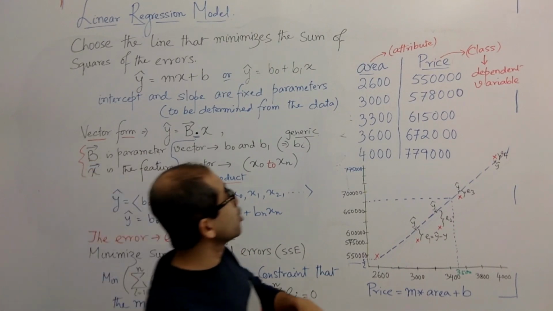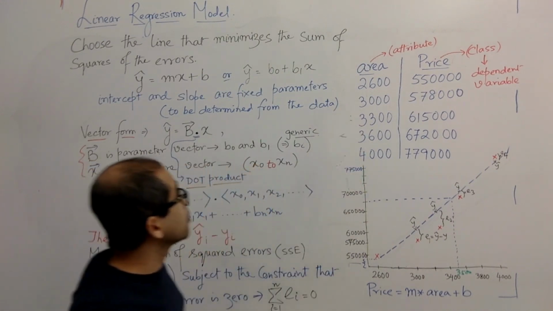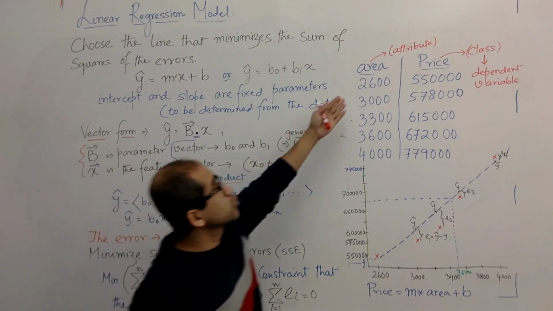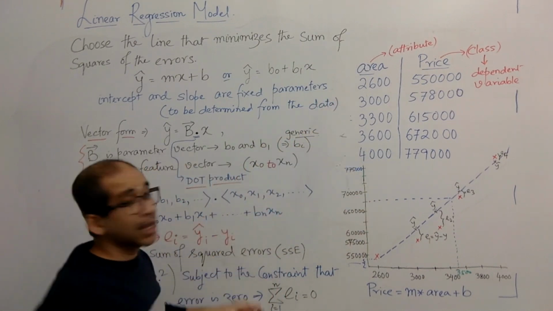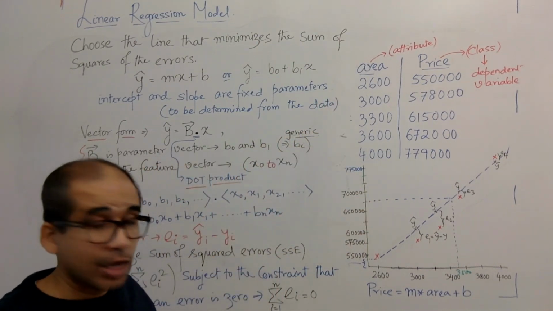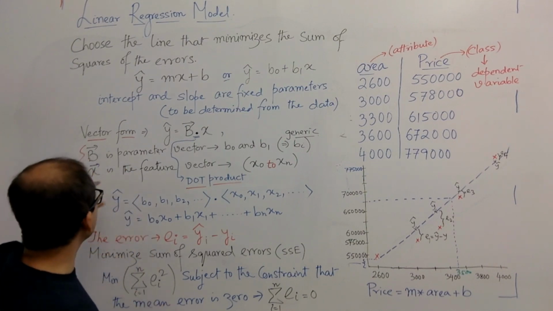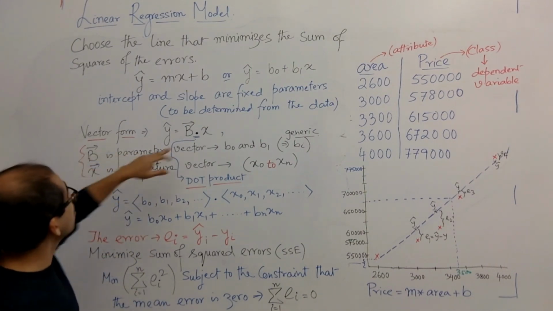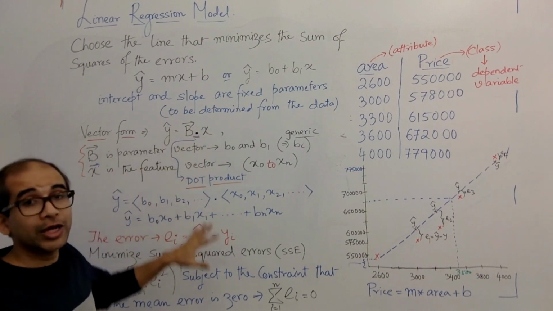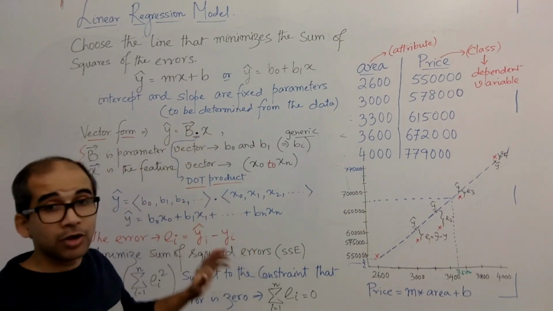Like here x0 is the area, let's say 2,600 square feet. x1 can be the number of rooms, x2 can be the year built. So all of this will be in the feature vector. Now this equation is doing a dot product, which we have already studied.